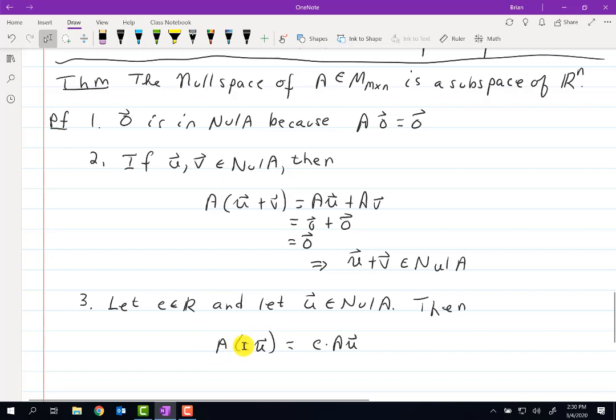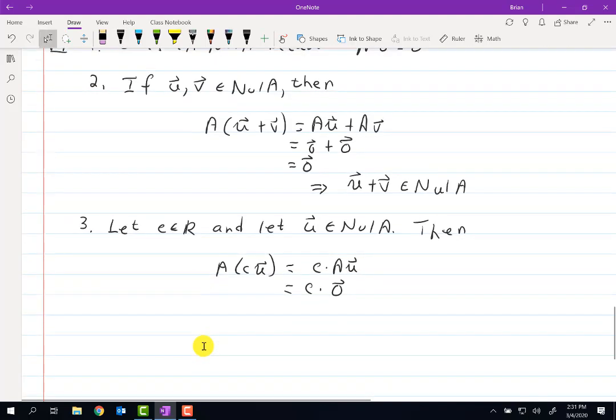All that constant does is multiply every single entry in A by that constant, by that C. Well, I can also then factor that C out front so that it does appear on the left side. Well, here we have C times the 0 vector since U is in null A, and of course this equals the 0 vector. So therefore, null A is a subspace of R to the n.